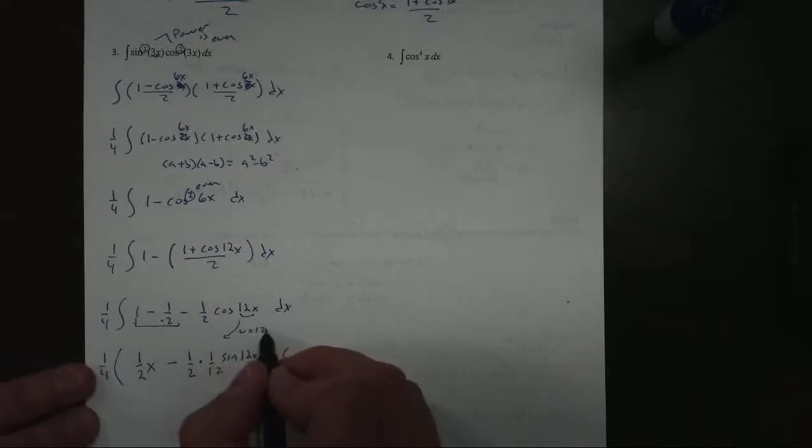But I have to divide by 12. I get this from my u substitution. So I divide by the 12. So when I distribute, my final answer is going to be 1/8 x minus 1/96 sine of 12x, and again we should put plus c2.